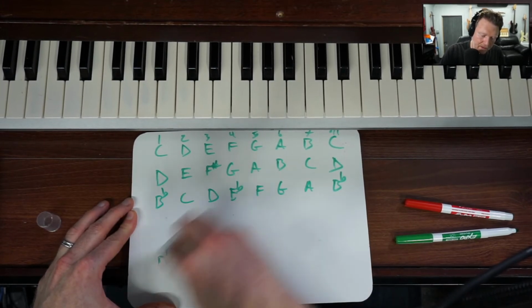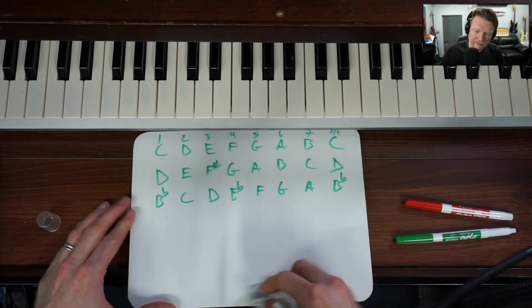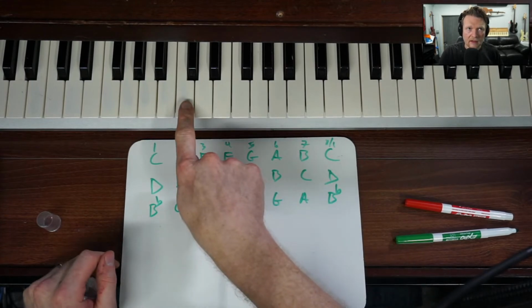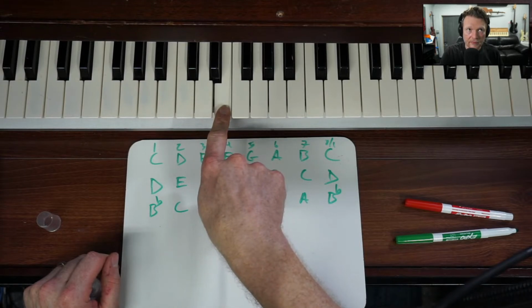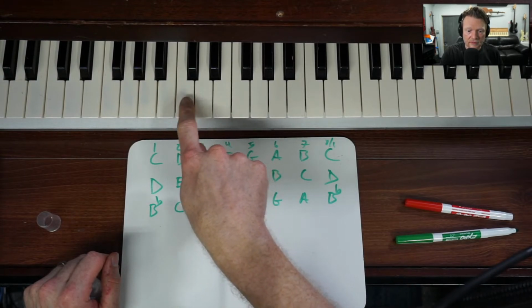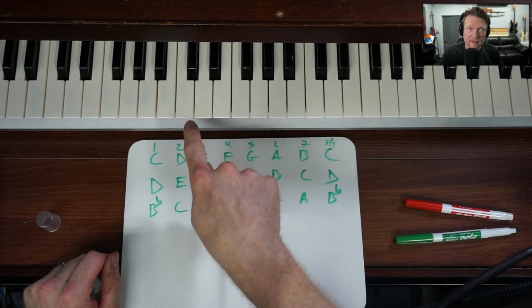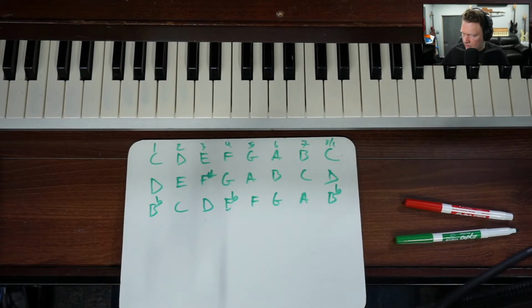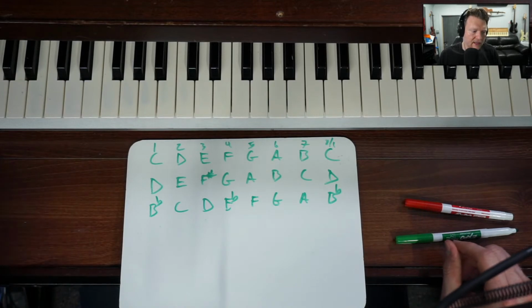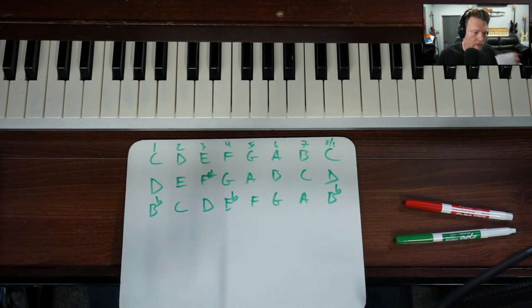Because the distance between, I'll do it on the C, in the key of C, the distance between the 1 and 3 is called a major third, and that's a minor third. It's very simple. We'll get to that in another lesson, diving into the different intervals, is what that's called.